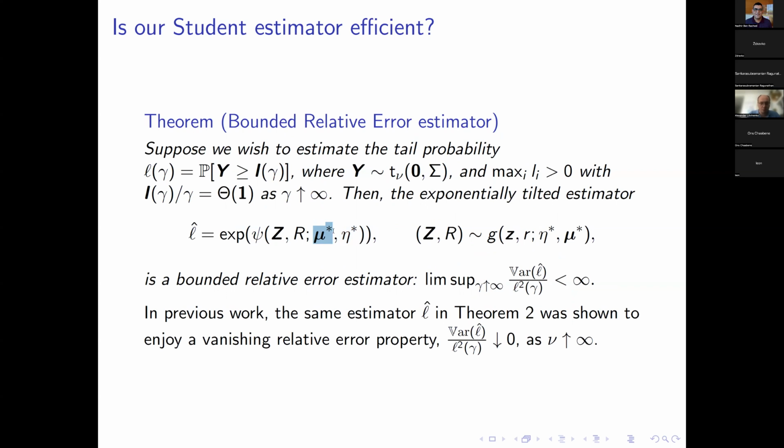Basically, the Gens estimator corresponds to not doing any change in the mean. So mu star is 0. And this R is simply simulated from the chi-square distribution. It doesn't have a different distribution.